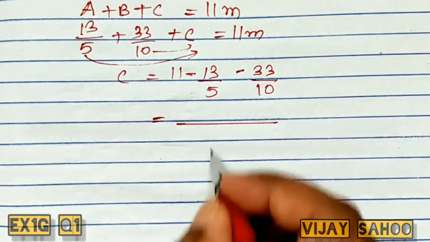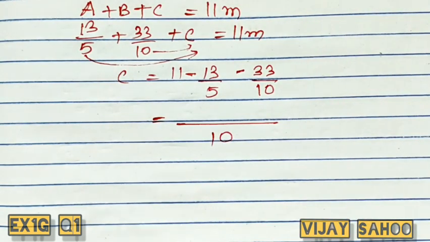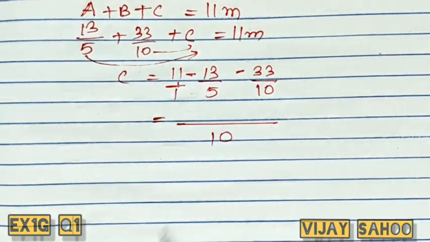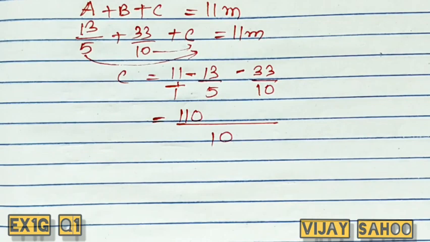What will be the LCM? The LCM will be 10. Here the value is 1, so this number will be multiplied by 10, which gives 110.